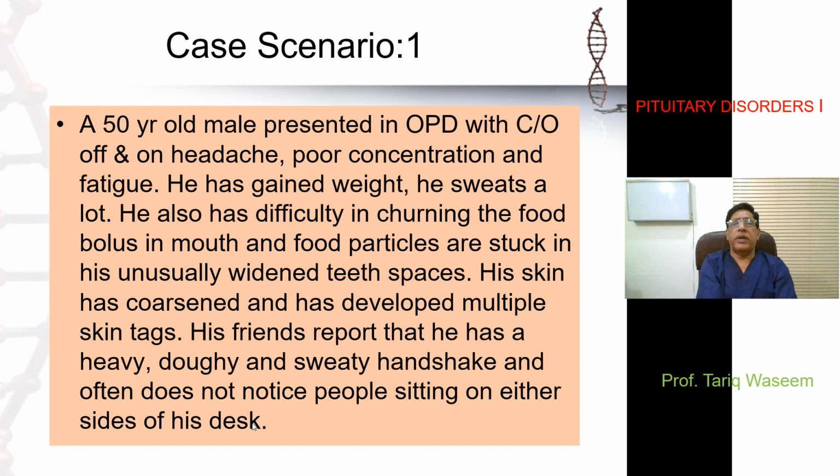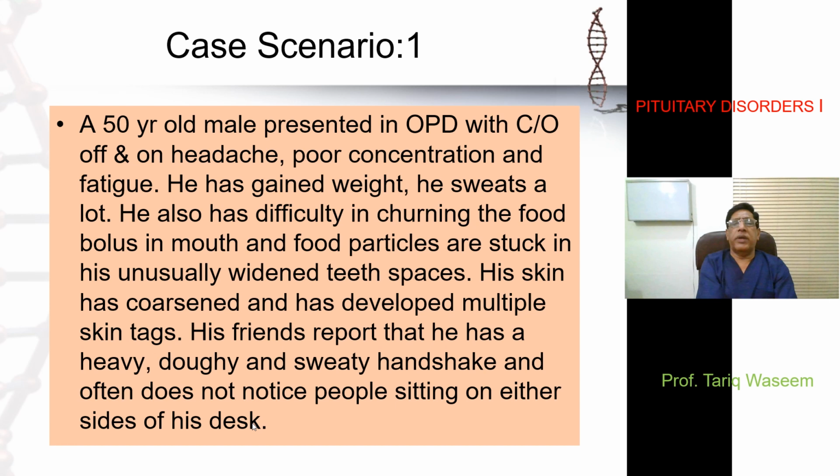Now this one component of his history tells us that we are talking of something which is pressing onto the optic chiasma, and the structure which is immediately adjacent to that or slightly below that is the pituitary gland.